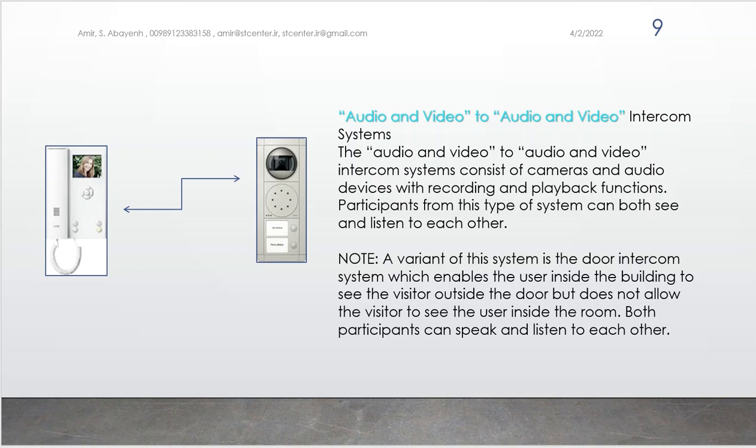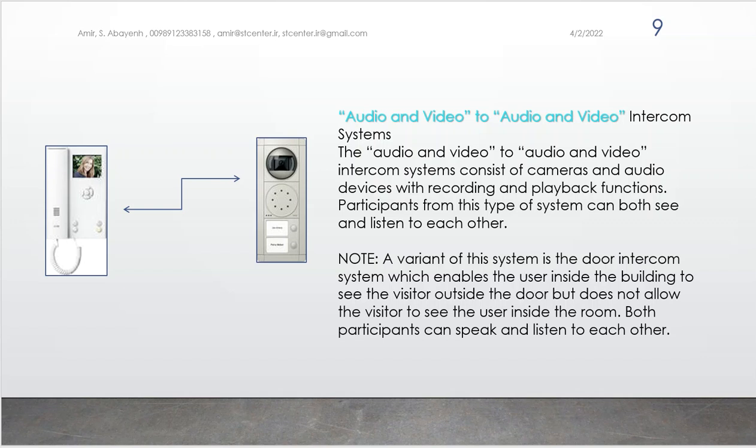It's possible for them to have two-way communication for video and audio. A variant of this system is the indoor intercom system. For most of the time it's the indoor intercom system which enables the user inside of the building to see the visitor outside the door but does not allow the visitor to see the user inside of the room.